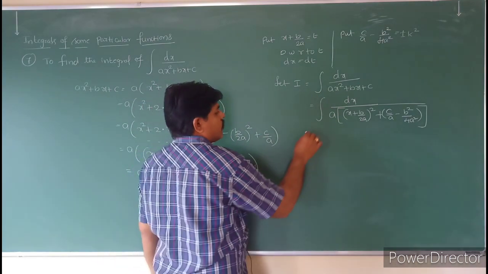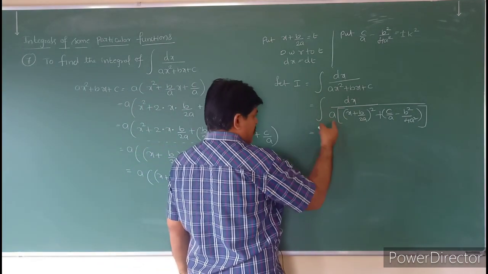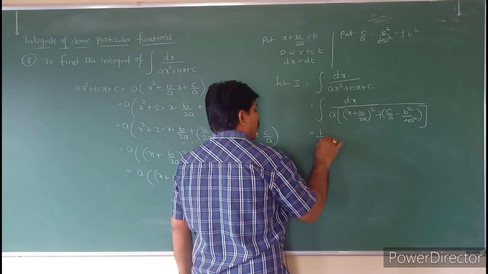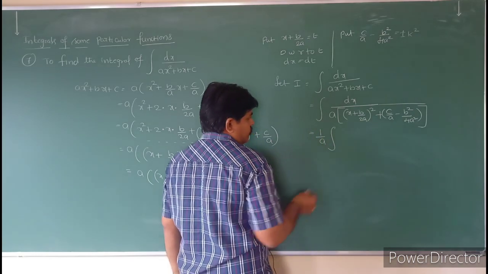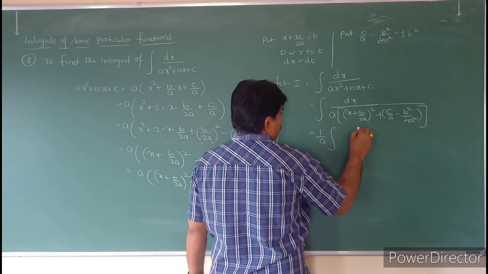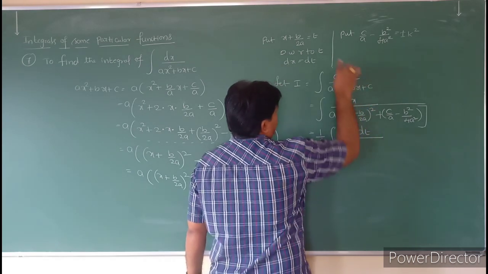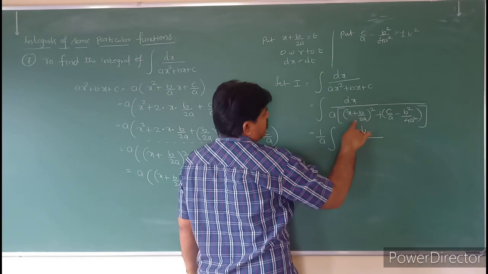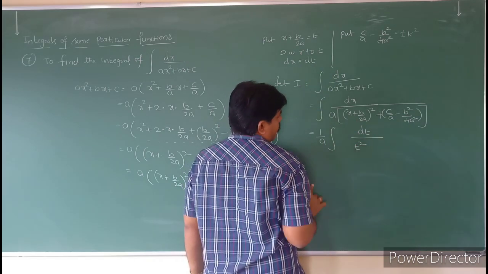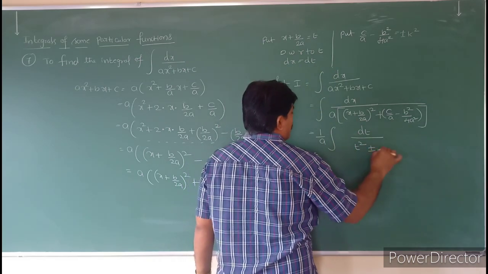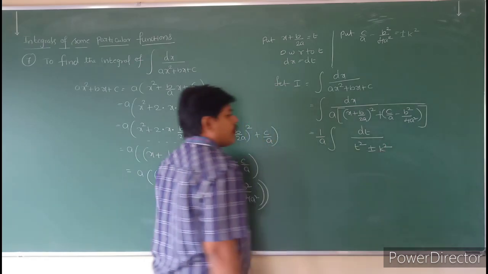So what we will do is take 1 by a out: 1 by a into integral of dt by t square plus or minus k square, since dx becomes dt.